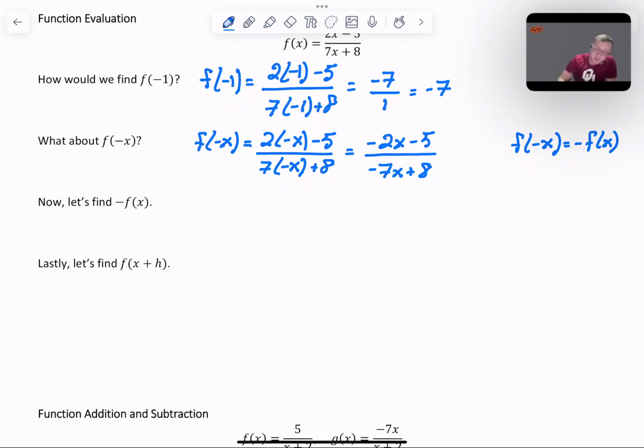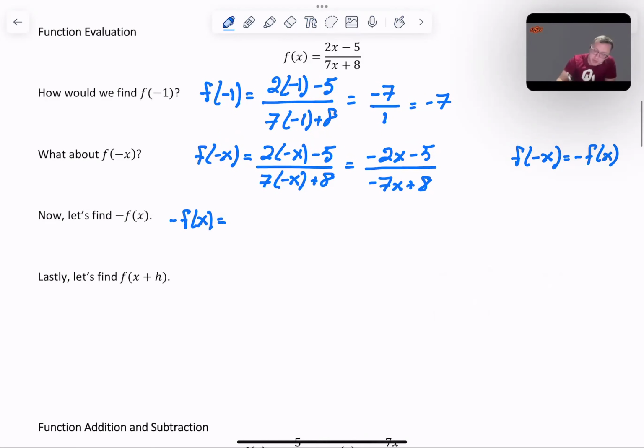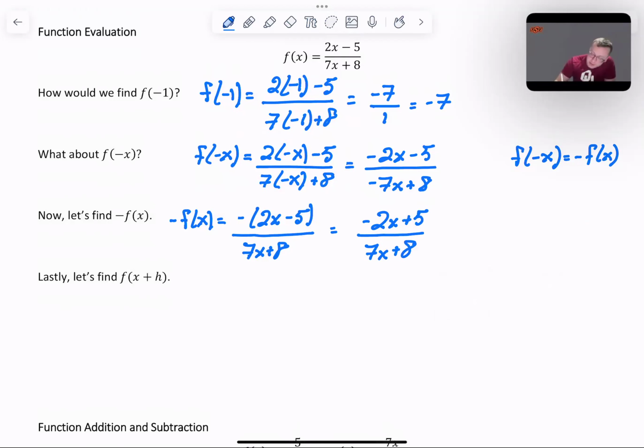This is minus f of x, is what we're going to calculate now. So minus f of x is, all I'm doing is putting a minus up top. So this would be minus 2x minus 5 divided by 7x plus 8. If I do that in the numerator, this becomes minus 2x plus 5. In the denominator, this becomes 7x plus 8.